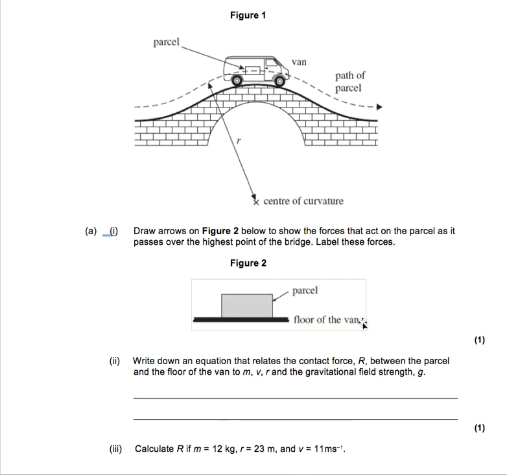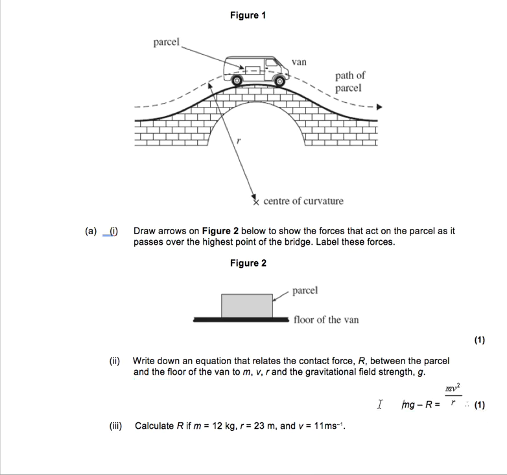Write down an equation that relates the contact force R between the parcel and the floor of the van to m, v, r and the gravitational field strength g. Well, I've already said that the centripetal force is the difference between the weight and the reaction.